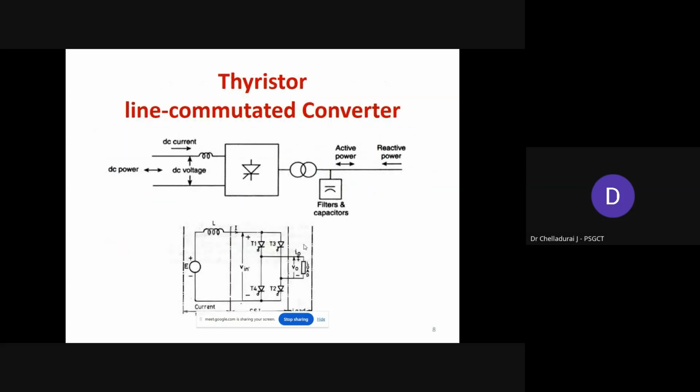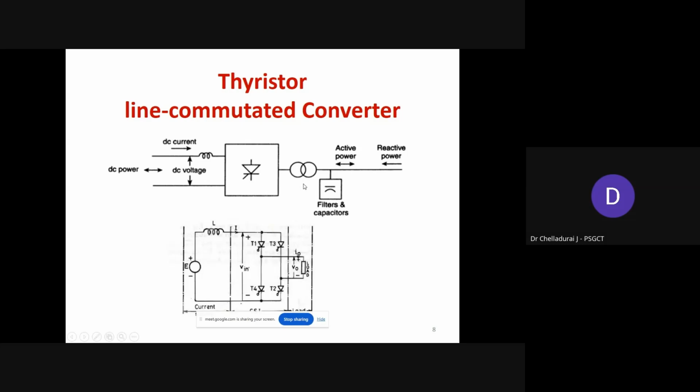The same concept is represented here: a thyristor-based line commutated converter, with a very high value of inductor on the DC side. SCR is used in this line commutated converter, and the turn-off time period is purely controlled by the AC side voltage.